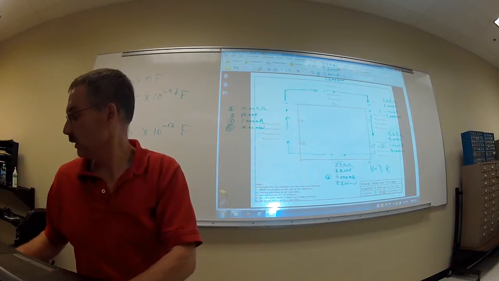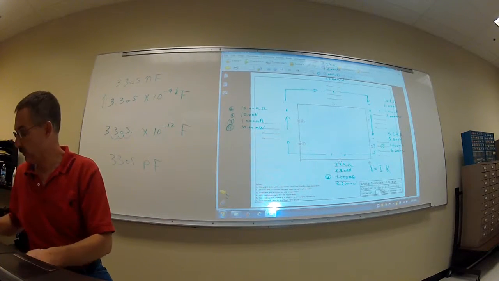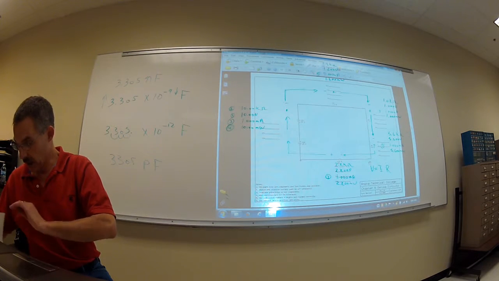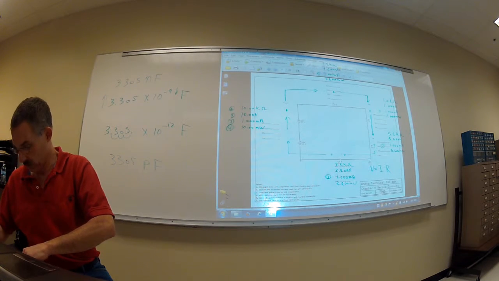So what we're going to do in chapter 4, and this is another page that you should mark, is your voltage divider formula.